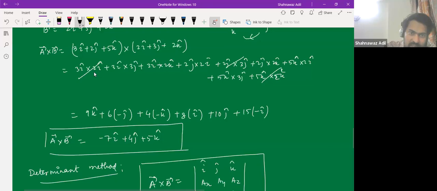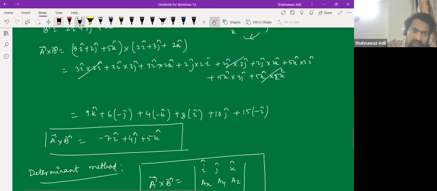Let's suppose 3, 3, 9. Oh, this one. So minus, where is 5? This is K, and J, where is K? So this is 2 to the 4.